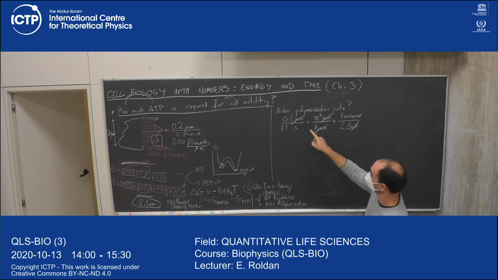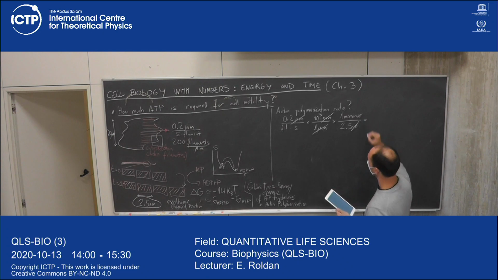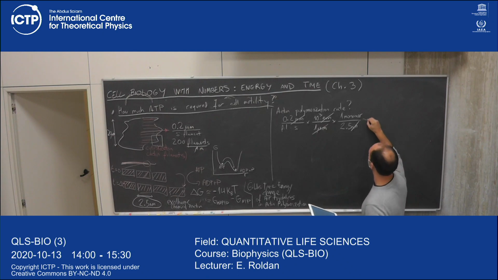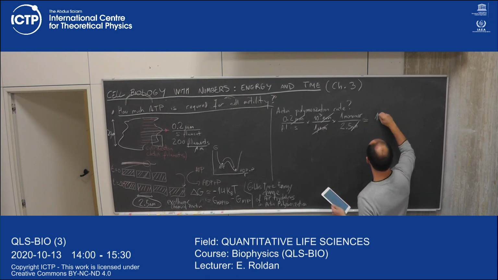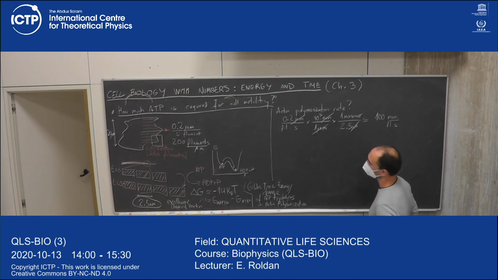So, very easy, 0.2 times 10 to the 3, 200 divided by 2.5. Imagine you cannot calculate this, it's around 100 monomers per filament per second.